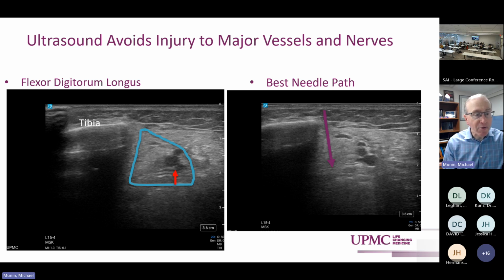So if you're just a little bit off, you're going to be puncturing these neurovascular structures. Here they're shown in a different image on the right of the screen, and the purple arrow represents the needle path that you'd want to use to successfully inject the flexor digitorum longus and avoid puncturing these structures.